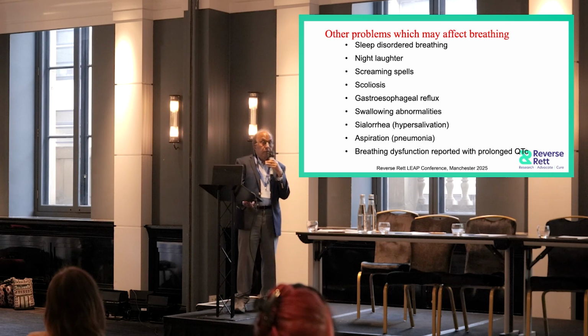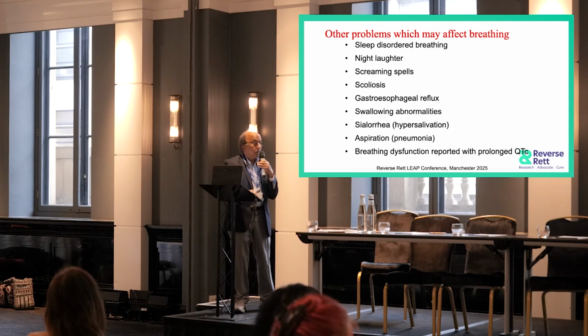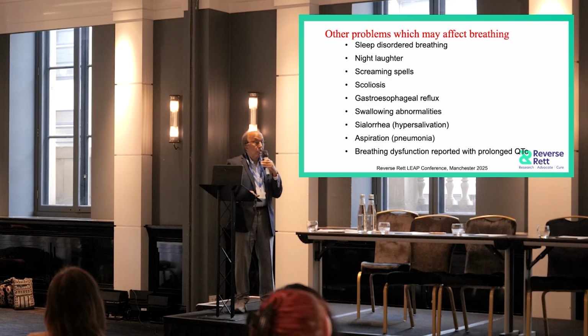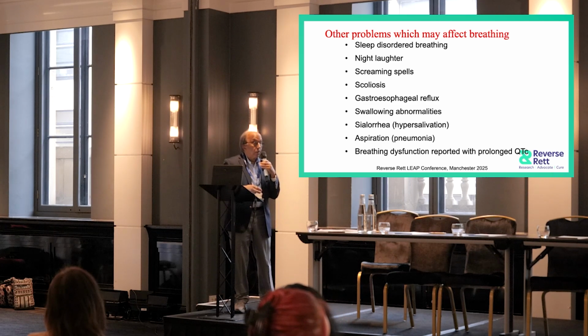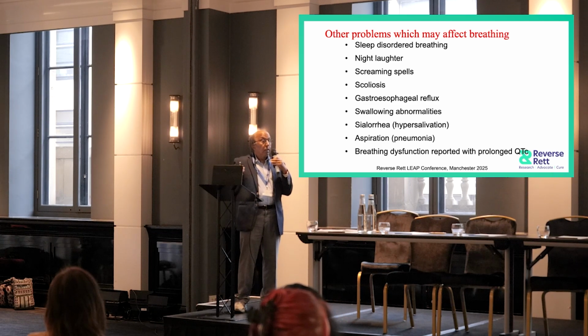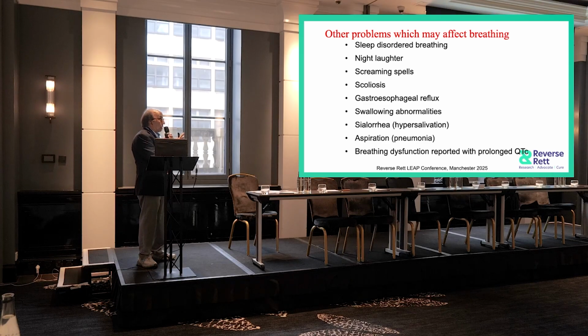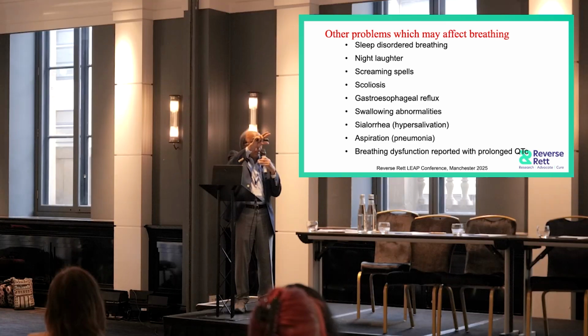The REM stage is the time when you tend to be very floppy. Only two muscles are working at that time. One is the diaphragm, which I talked about earlier for the breathing, and the other is the eye muscles. Other muscles are very floppy, and these airways tend to collapse.